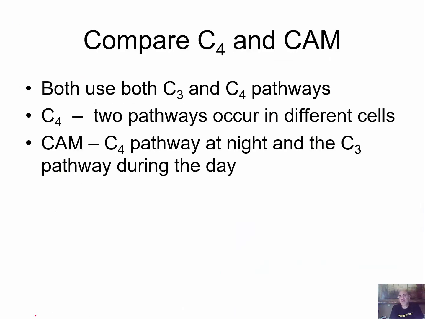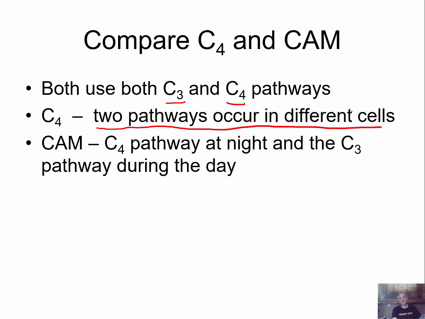So if we compare C4 and CAM metabolism, we've seen that both are going to be using this C4 pathway and also the C3, which is Calvin. But when they do these two depends on the type. In C4, they're going to separate the two pathways, the C4 and the C3, in different cells.